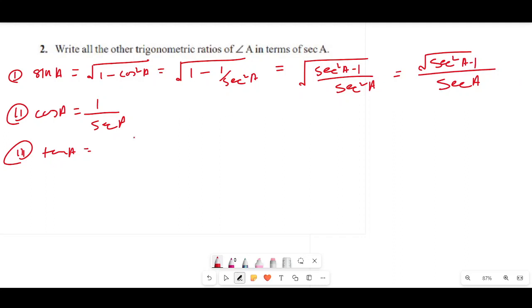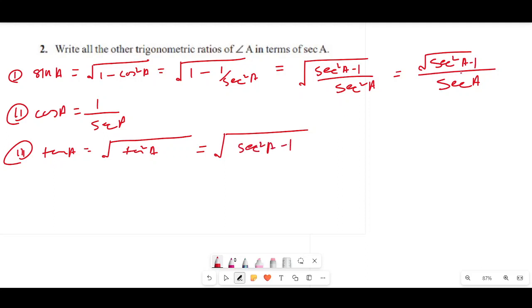Now with the use of the formula sec square A minus tan square A equal to 1, we can write it in this way. This is tan square A, and with the help of the formula sec square theta minus tan square theta equal to 1, tan square A equals sec square A minus 1.